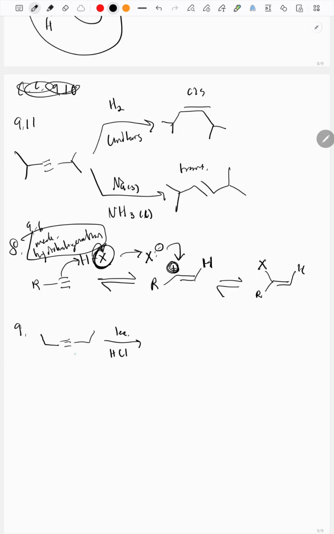So when we do this and deprotonate, it should look something like this. What I showed you here is trans, because these two R groups are opposite one another. It's important that it could be trans.